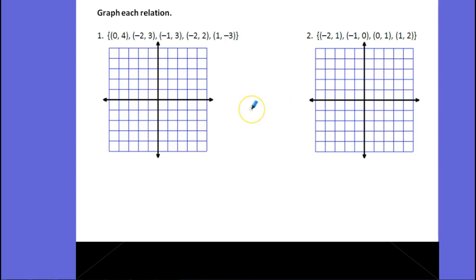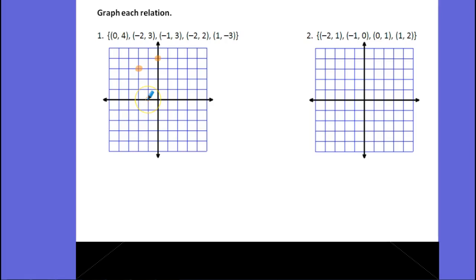In number 1, we have (0, 4), so x comma y. X is on the horizontal, so the horizontal 0 is at the middle, and we go up 4 coordinate points. Negative 2 is to the left 2 of the horizontal line, and then up 3.